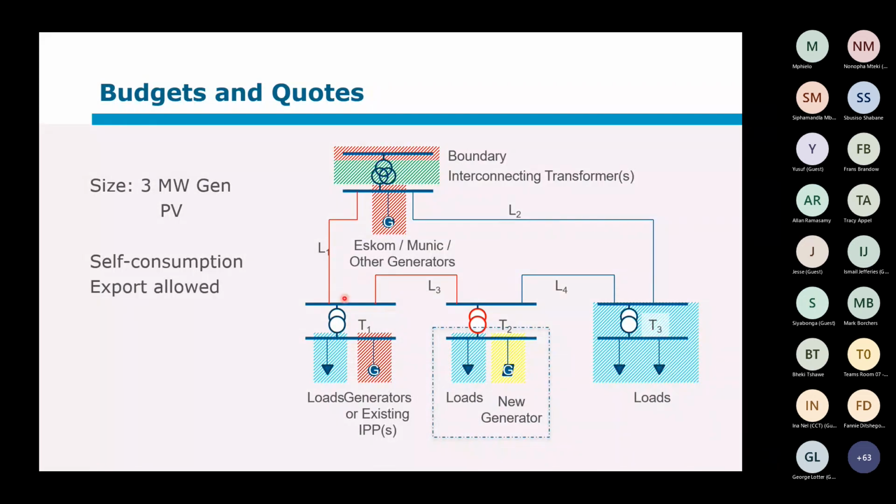So we have an existing customer connected in the network. They are now applying to add a new generator, which is going to be 3 megawatts of PV generation behind their meter. They are allowed to export, which means electricity can flow back into the network, in either direction.